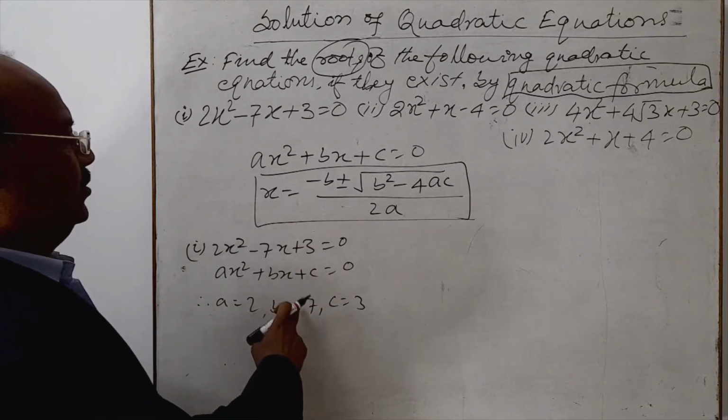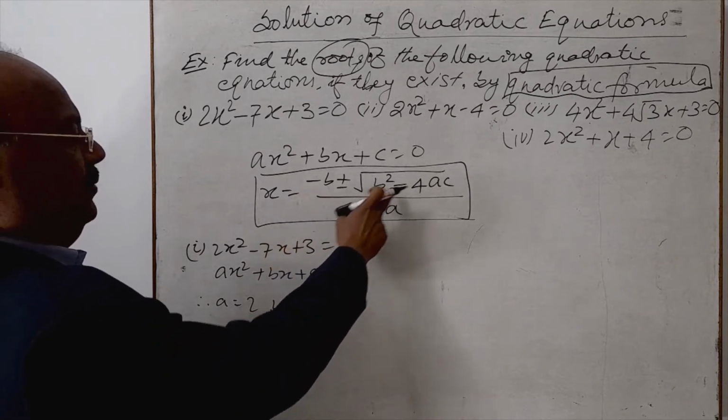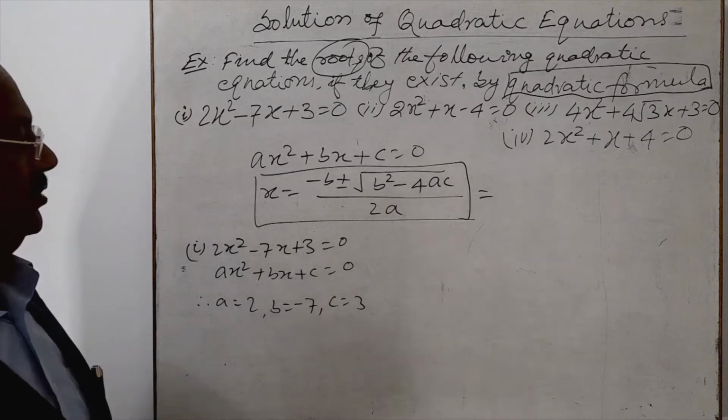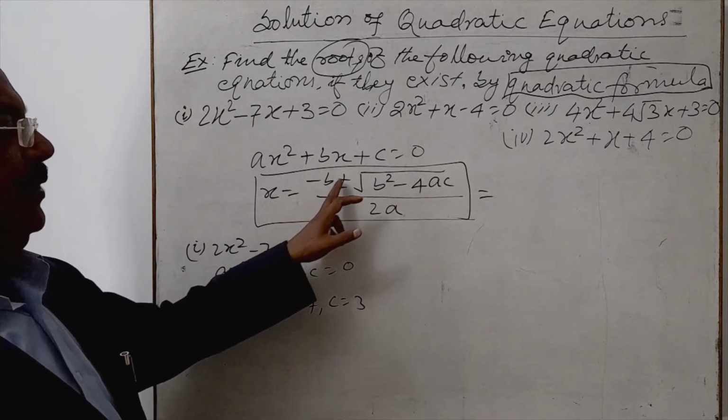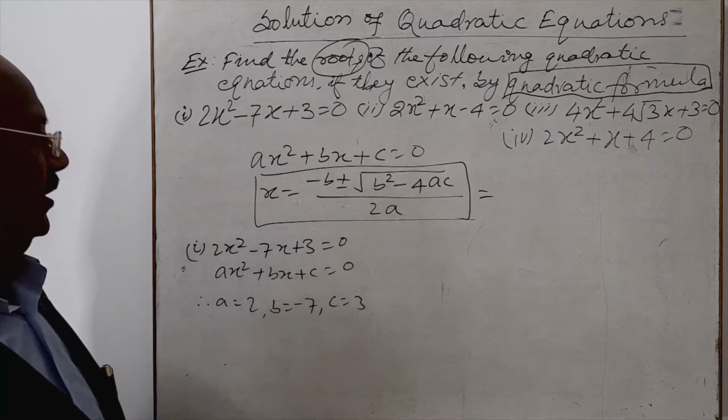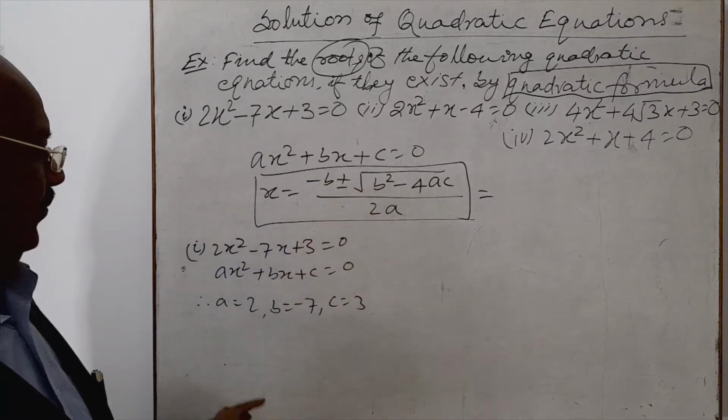We will put the values of a, b and c in this formula and you can get the solution. So we'll write x is equal to minus b plus minus root over b square minus 4ac, divided by 2a. Now put the values of a, b and c here.